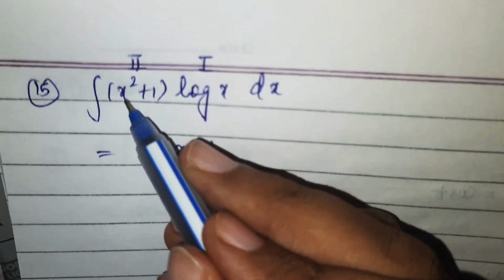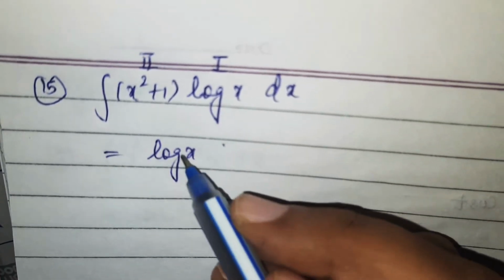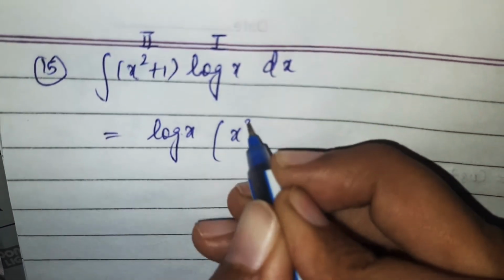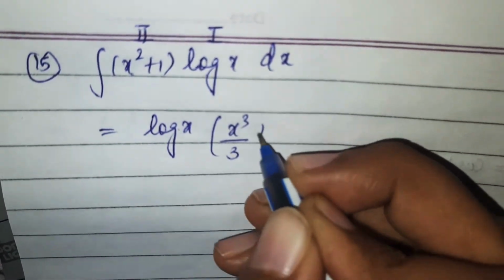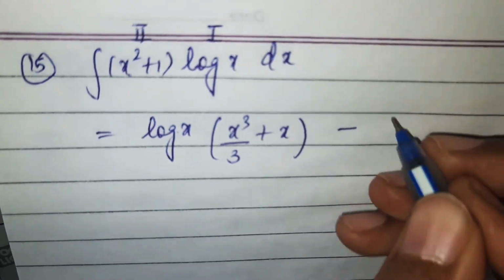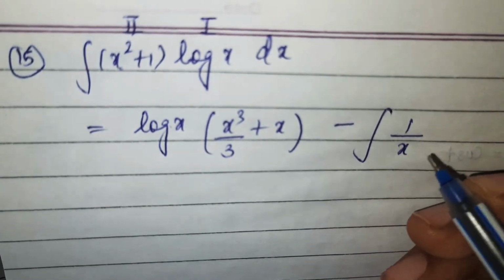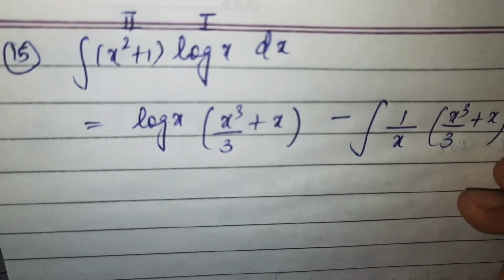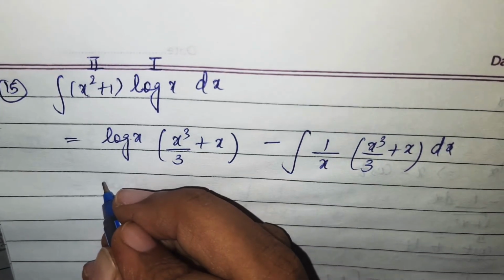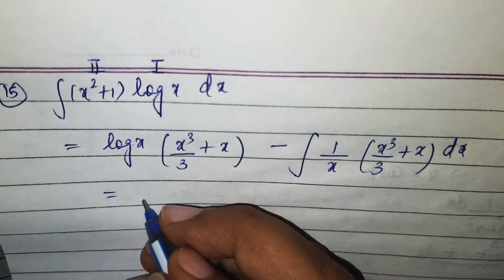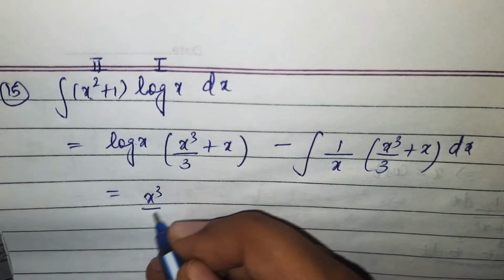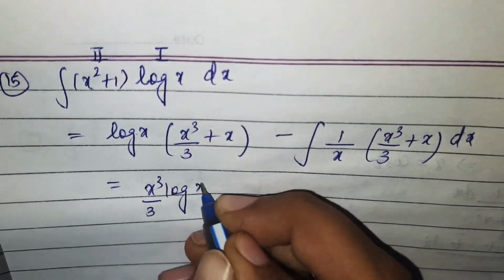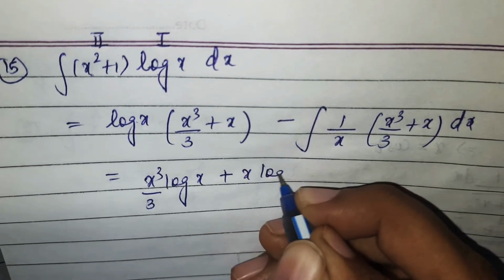So if I apply first function same, integration is x cube by 3 plus x, then 1 upon x, differentiation, x cube by 3 plus x dx. So I will be getting x cube by 3 log x plus x log x.